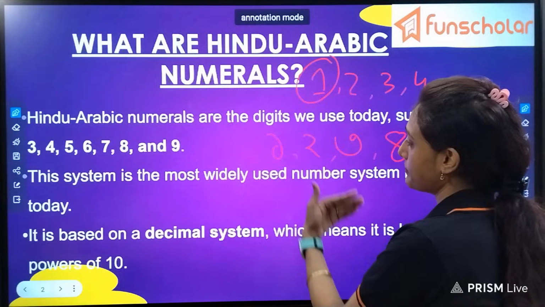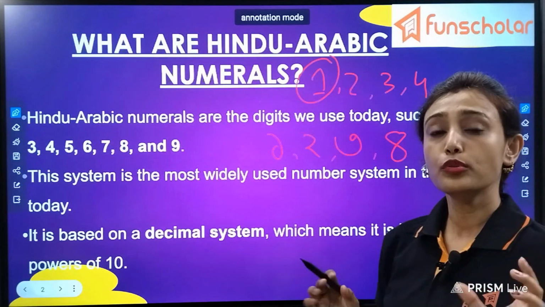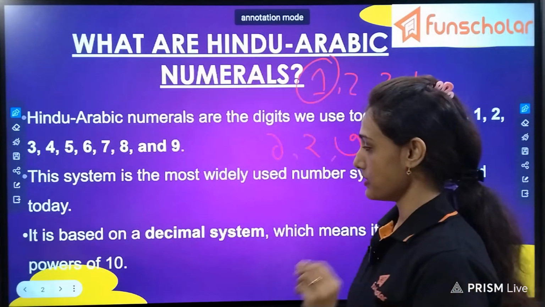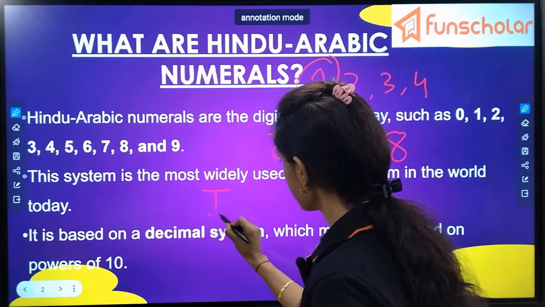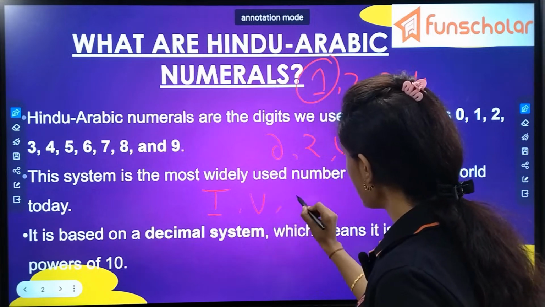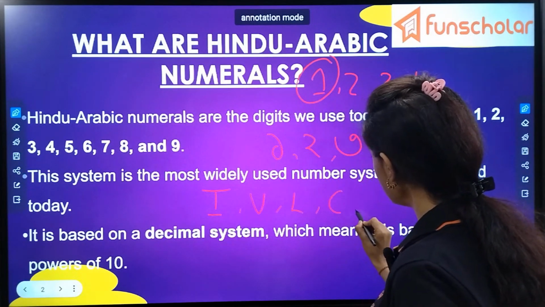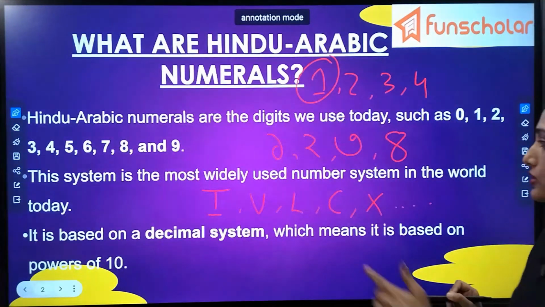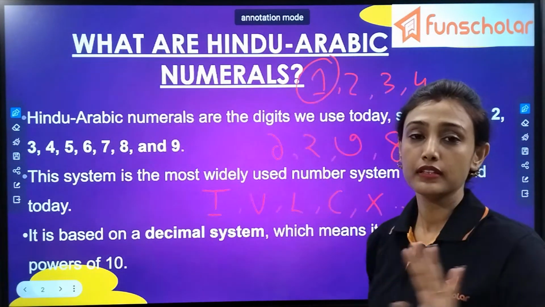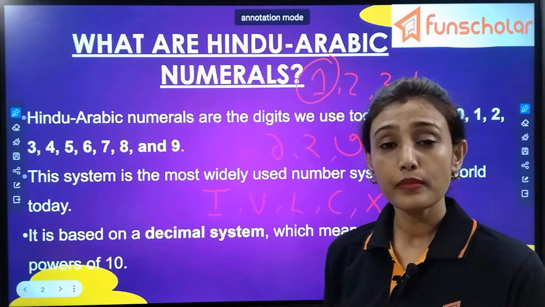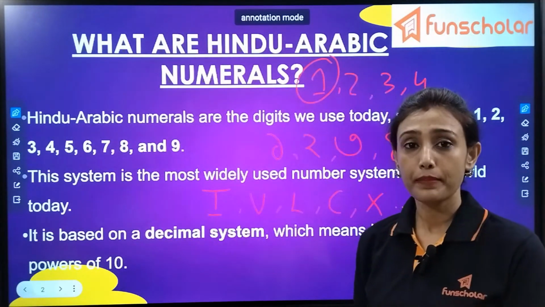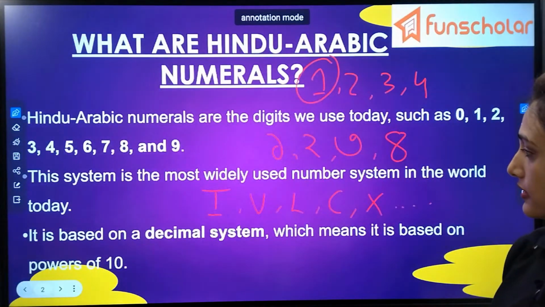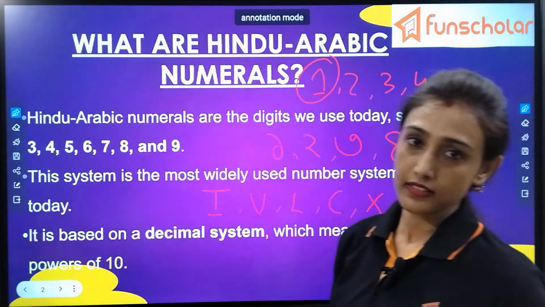Similarly, the Roman people, what did they do? They used some English alphabets to represent numbers like I, V, L, C, X, etc. Okay, so this is the only system in the world where alphabets are being used to represent what? Numbers. Okay, done. Now next slide.